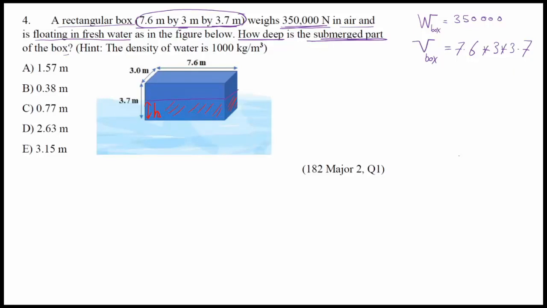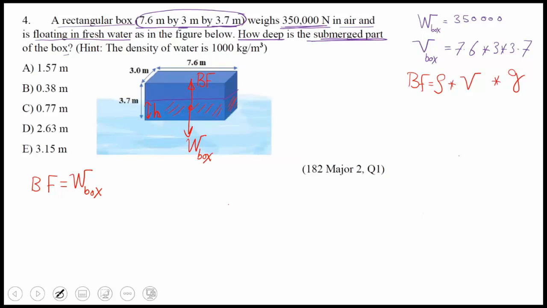For the floating object, we said before that this object is balanced under two forces. What are these forces? The weight of the box and the buoyant force. So I can say that the buoyant force equals the weight of the box. Buoyant force equals rho times V times g.